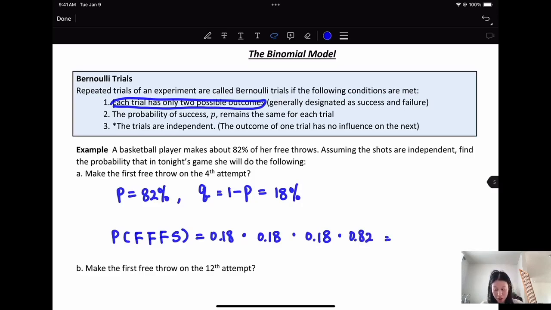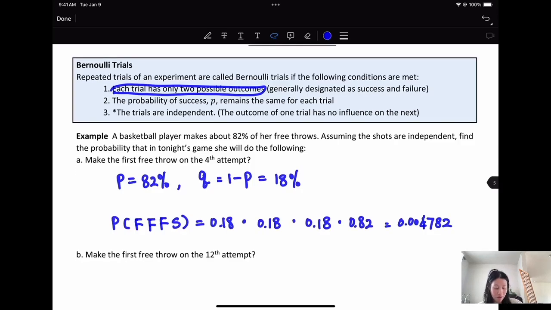We use a calculator and we have this result, 0.004782. What does that mean? That means it's very unlikely that she will make her first free throw on the 4th attempt, which makes sense. If your success rate is 82%, that high, you should get it earlier instead of waiting for the 4th one.